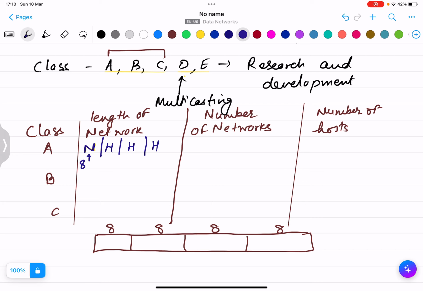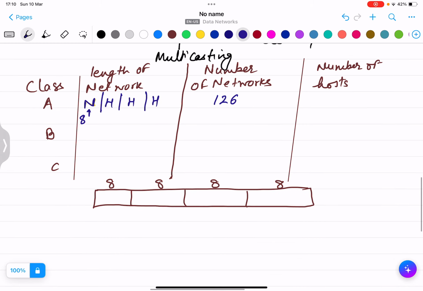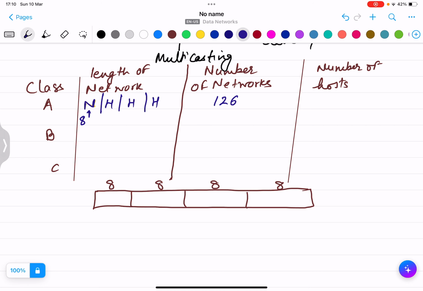Okay, the number of networks is 126. I'm going to explain why it's 126, because usually when we say it's 126, how is 126 coming, since 2 raised to the power 8 is equal to 256.